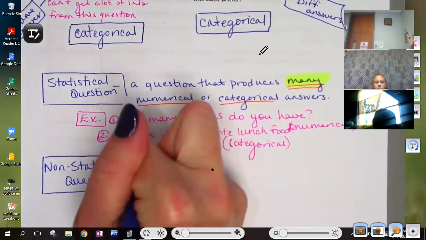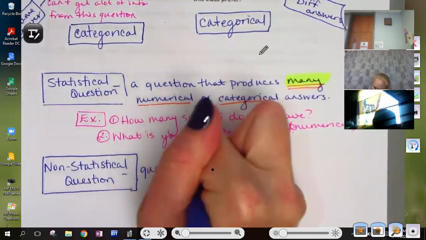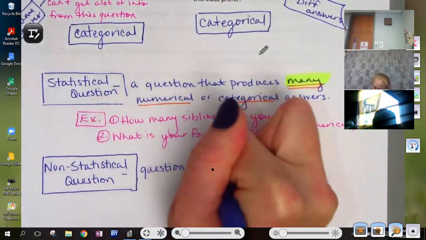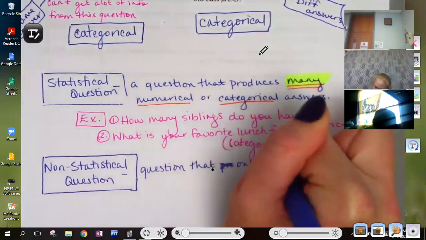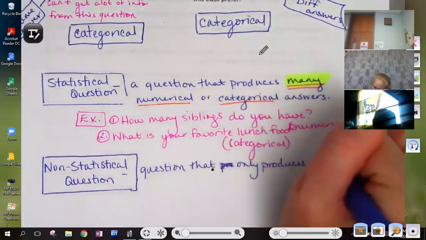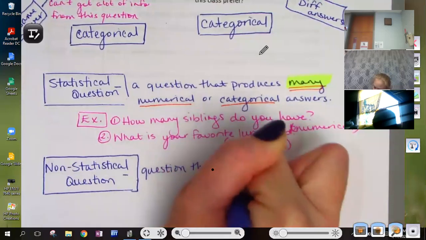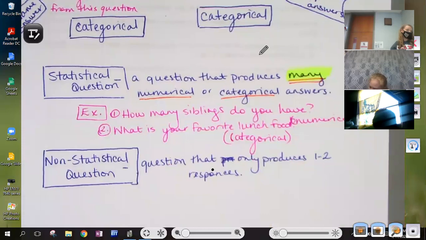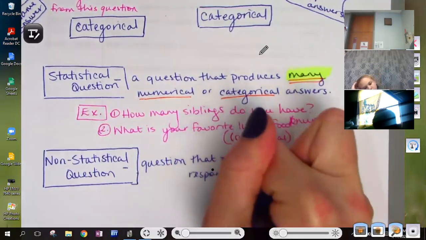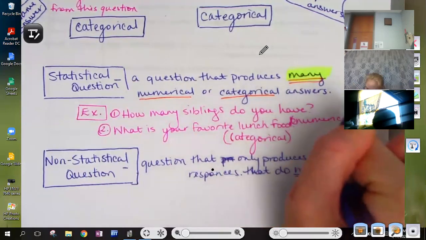So a question that only produces 1 to 2 responses that do not vary.